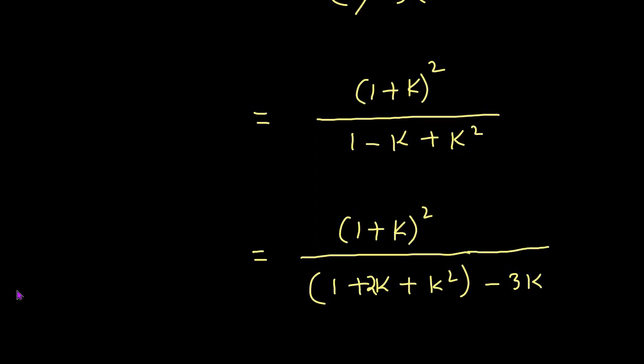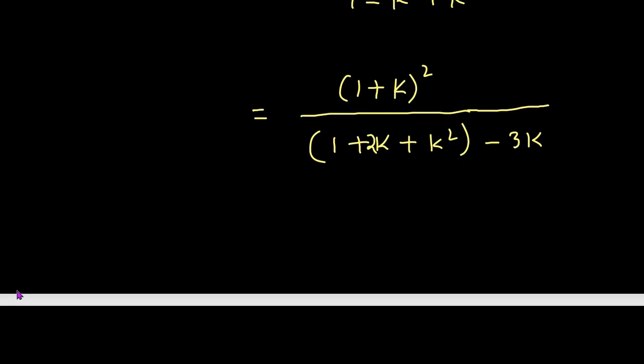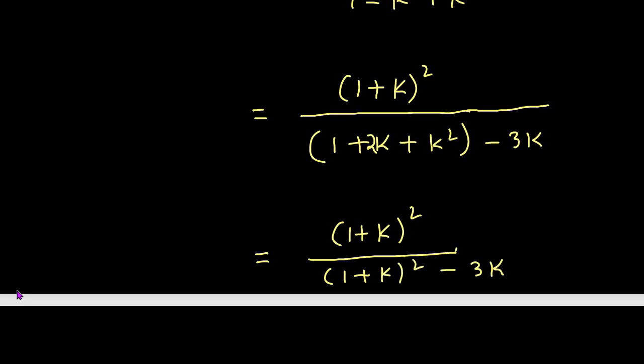If we simplify, −3k + 2k gives us −k. But because of this expression 1 + 2k + k², we'll get (1 + k)², which we need. So we have (1 + k)²/((1 + k)² − 3k).